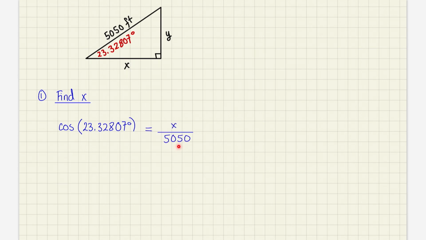And to find X, I'll just multiply both sides by 5,050, and that gets canceled out. I will put this into my calculator to find X. And I got X equals 4,637.175064. I want to round it to one decimal place, so that is 4,637.2 feet.